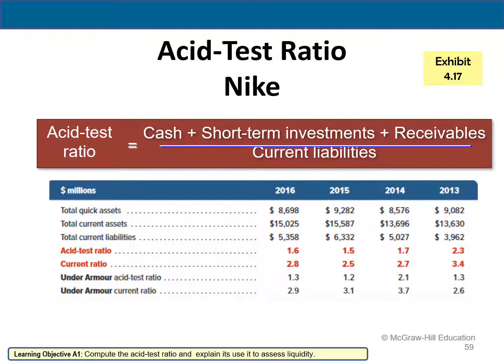Maybe I better said it this way: they are more likely to have enough quick assets to cover their current liabilities compared to Under Armour. But in all of the years for Under Armour and all of the years for Nike, it's at least 1. So you could reasonably argue that they have no foreseeable problems in covering their current liabilities.